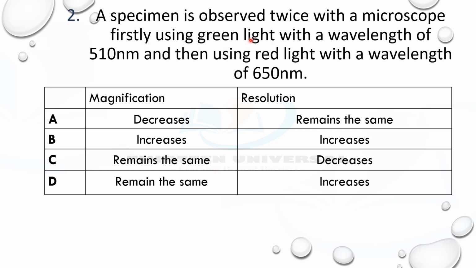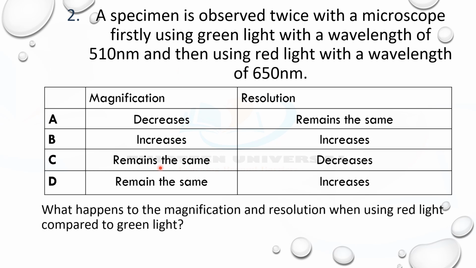Firstly, using green light with a wavelength of 510 nanometers, and then using red light with a wavelength of 650 nanometers. The question is: what happens to magnification and resolution when using red light compared to green light?